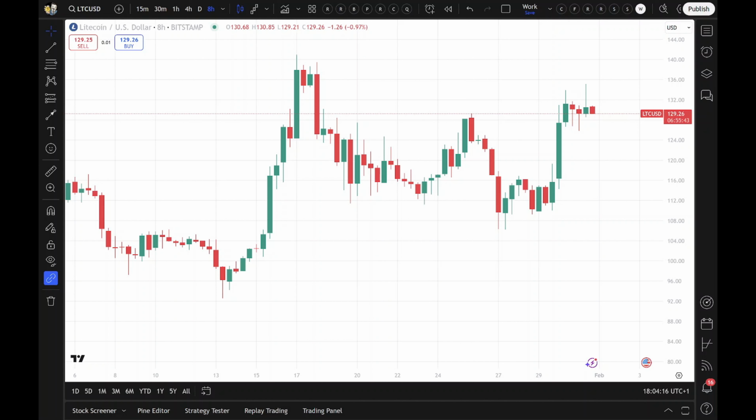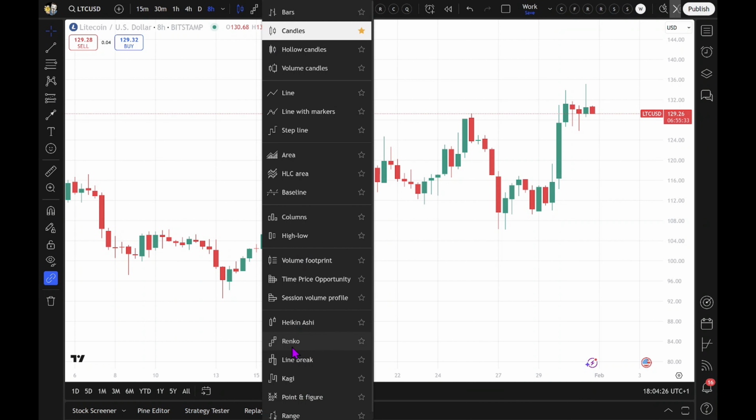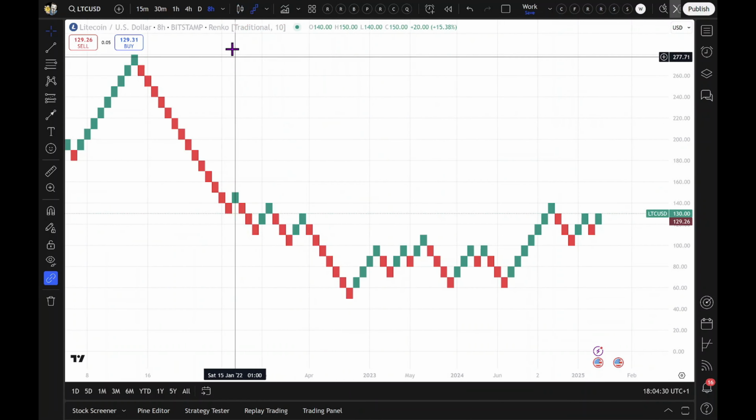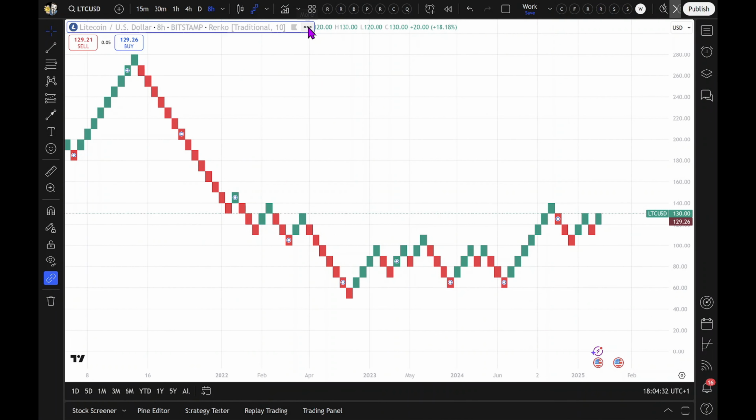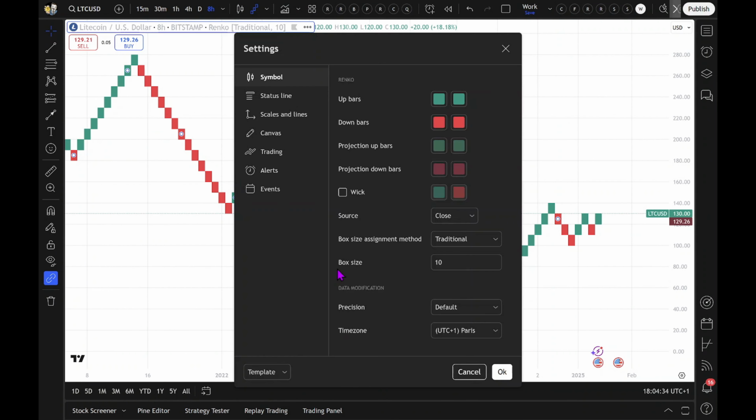Okay, so we are on TradingView, and we're going to analyze the crypto Litecoin today. To display a Renko chart, you have to go here, in the Chart tab, and select Renko, right here. We have selected it, and then we can change the parameters by clicking here. In Settings, Symbol, and we have access to all parameters: the source, the box size assignment method, and the box size.